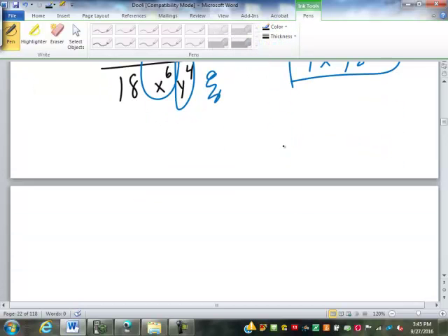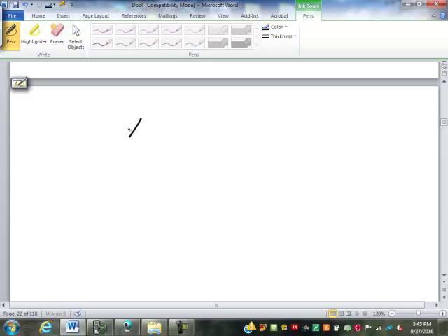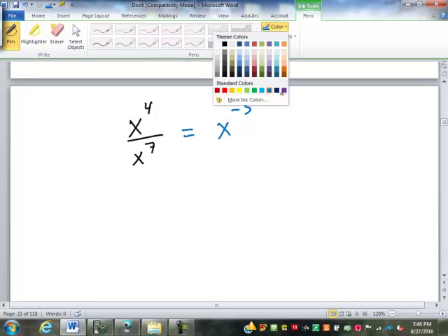Now, we saw before that we might have something like x to the 4th over x to the 7th. If I use the rules I've been talking about and divide that out, what's 4 minus 7? -3, right? I get x to the -3. And that is a legitimate answer.